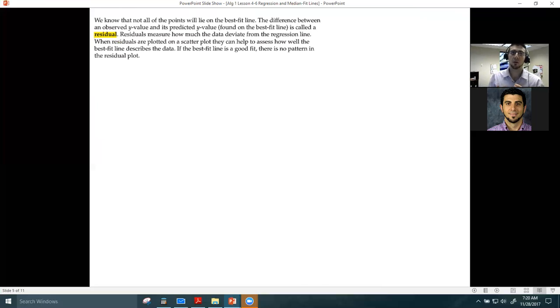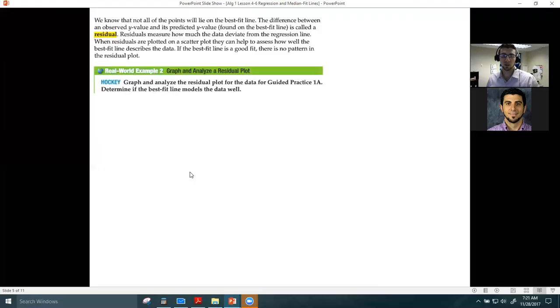Residuals measure how much the data deviate from the regression line, how far apart the scatter plot is from the regression line. When residuals are plotted on a scatter plot, they can help us assess how well the best fit line describes the data. If the best fit line is a good fit, there is no pattern in the residual plot.